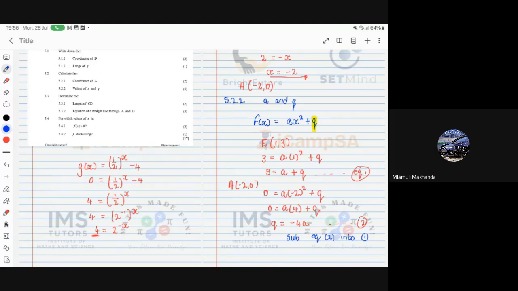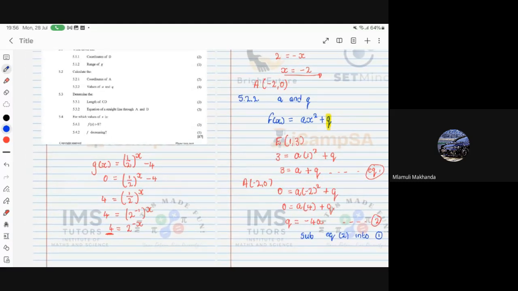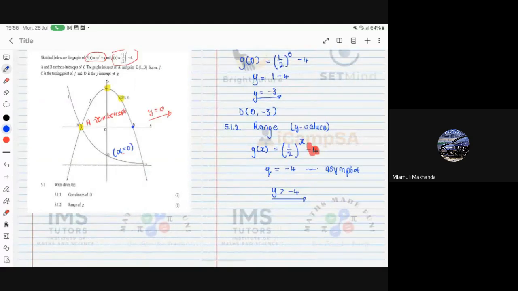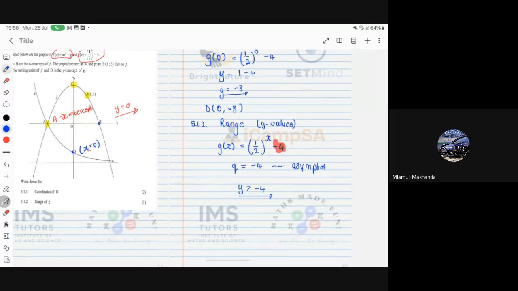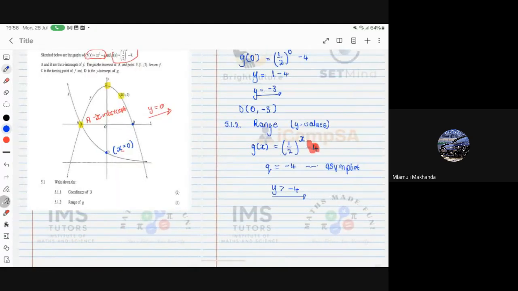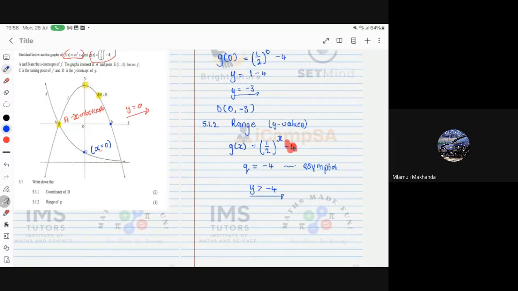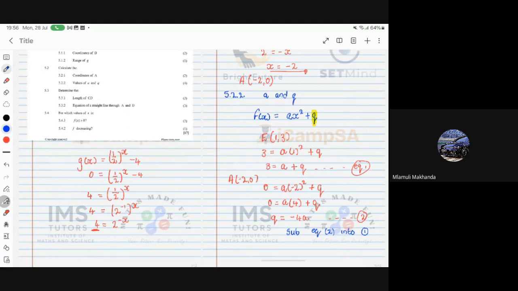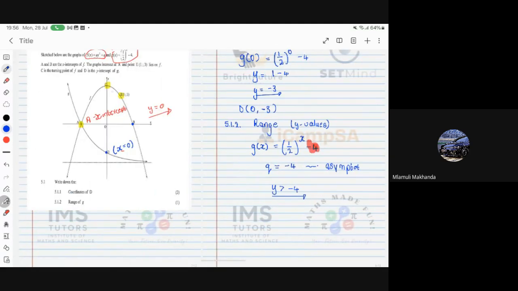We are asked to find the length of CD, from here to here. What do we have right now? What did I say? That q was equal to c, remember? So we do have the coordinates of d, and now we can find the coordinates of c.